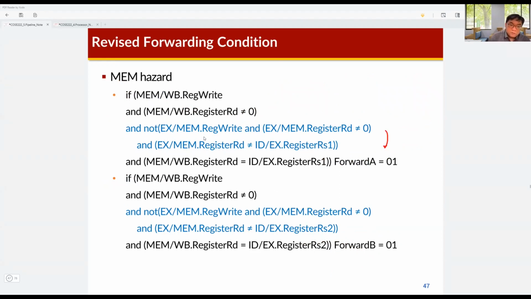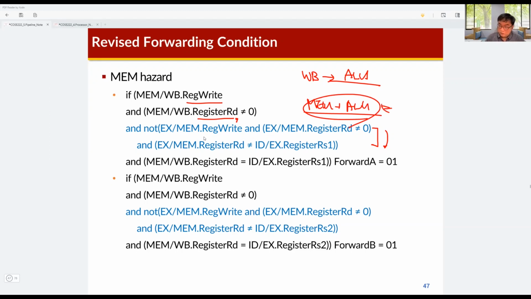So for the memory hazard, if we just consider the data forwarding from write back to the input of the ALU, then we need to consider the reg write signal and the register number. And then we need to also consider whether the memory to ALU data forwarding condition is true.